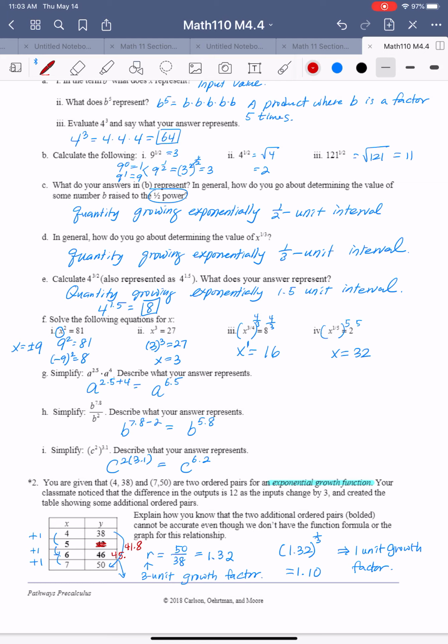And then 45.98 times 1.1, I get close to 50. Okay. So in order to make the exponential function, we have to use the growth factors. I think that's all we need to do. Alrighty. So next page.